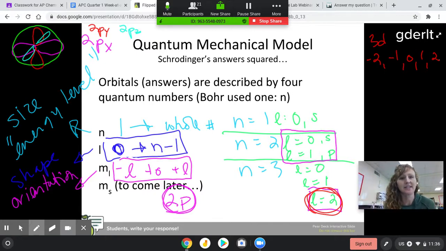Okay, so here's my next question. If each orbital can hold 2 electrons, how many electrons can the 3D orbitals altogether hold? How many electrons can be held in the 3D subshell?